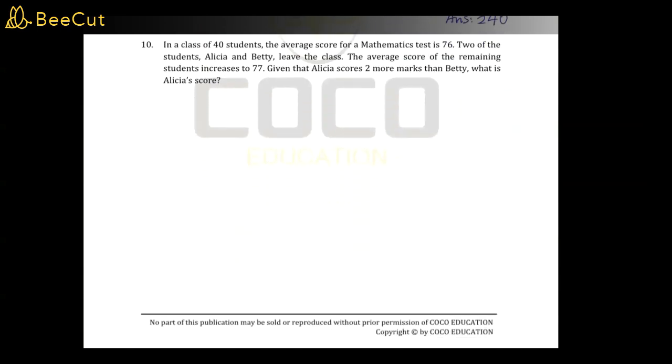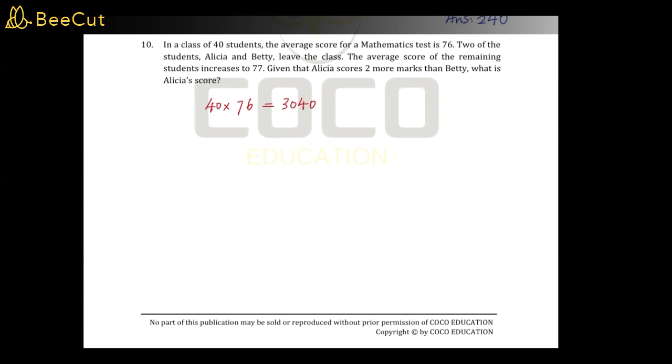Now, question 10. So we can find the total scores for the whole class. There are 40 students. Average is 76. So 40 times 76. Total is 3,040. Now, 2 of the students left the class.